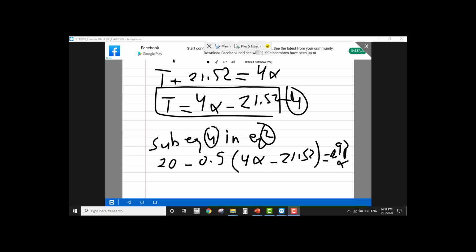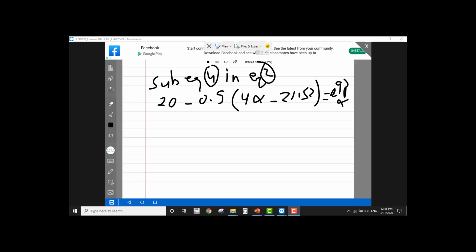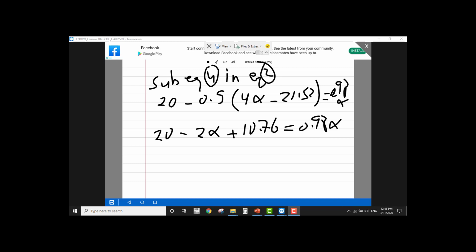Now rearrange the equation. So 20 minus 2 alpha plus 10.76 equals 0.98 alpha. So put alpha on one side and everything else on the other side.